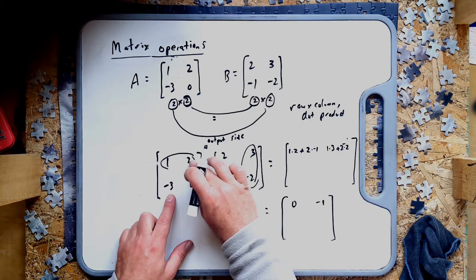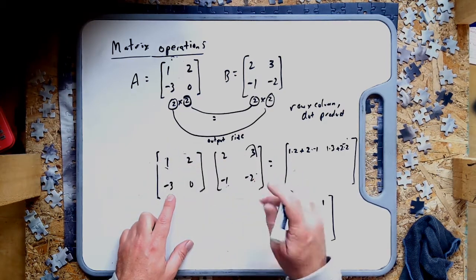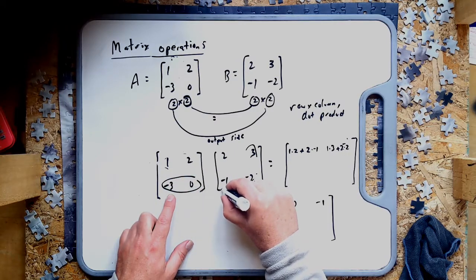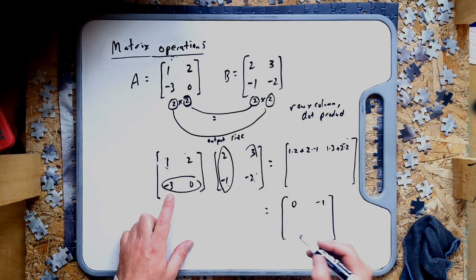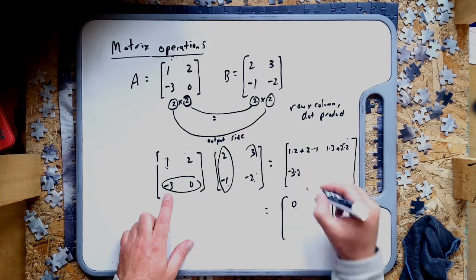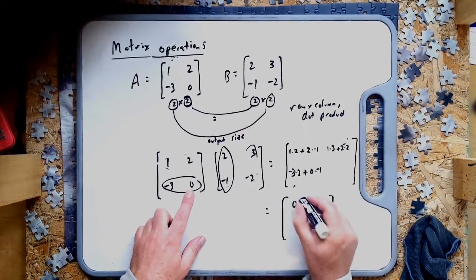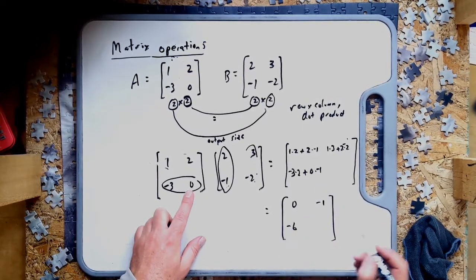Now we go to the second row. So I go negative 3, 0, times 2, negative 1, and I go negative 3 times 2, first element times first element, plus second element times second element. And that gives you negative 6 plus 0, or negative 6.